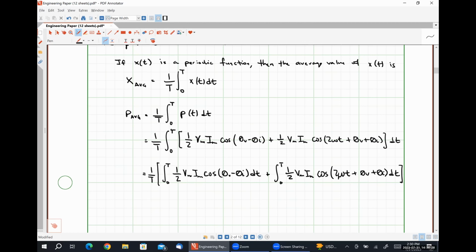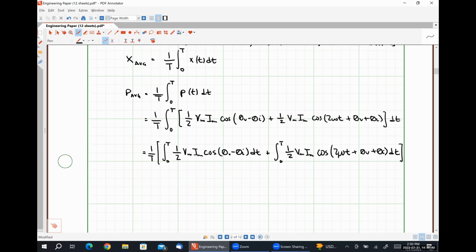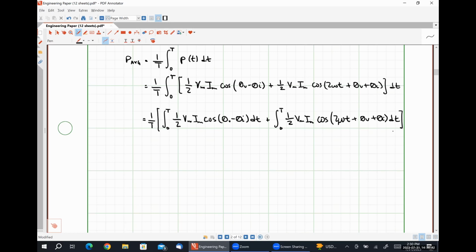So I want us to look at that second portion first, okay? That portion of the instantaneous power is a pure sinusoid. So if I attempted to plot it, it might look something like this.